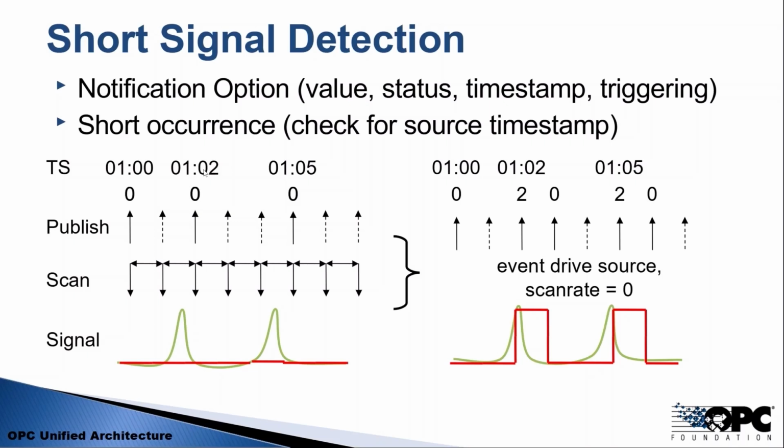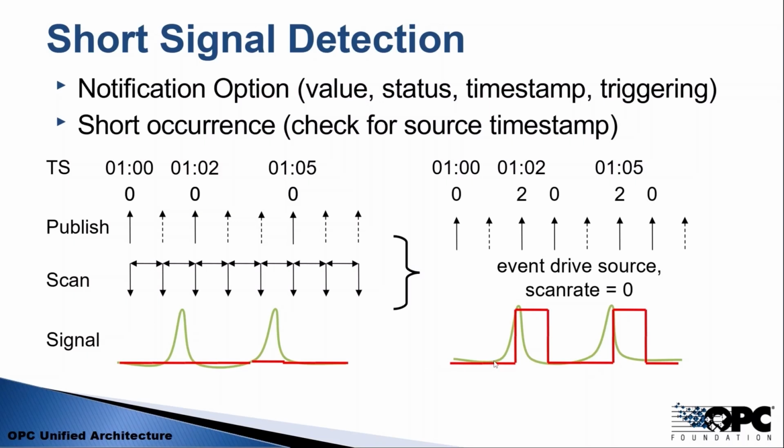So if we subscribe for the notification not only for the value or status but also for timestamp, then we will get this information with this timestamp. And another option is the event-driven source, where we have a scan rate of typically 0 to activate that.